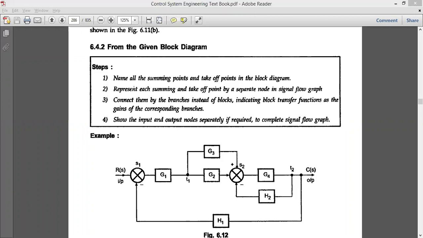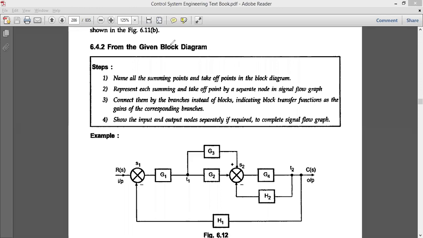Fine. Now the second step is more important. Represent each summing point and each takeoff point by a separate node in the signal flow graph. Suppose you have a takeoff point or a summing point, you should represent it by a node.